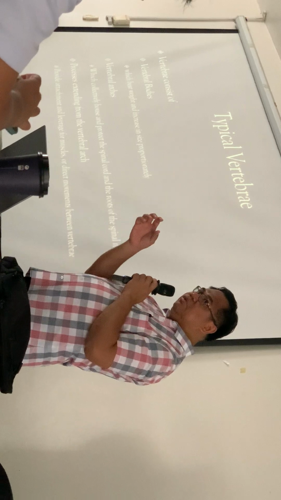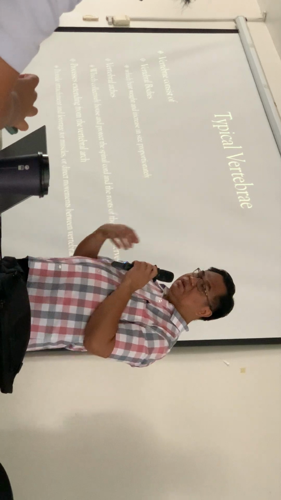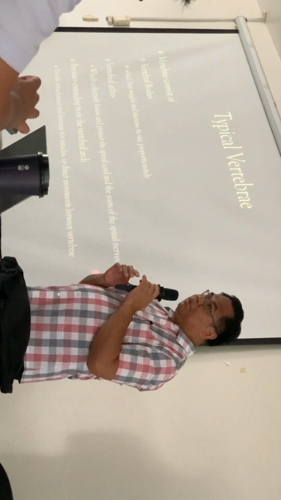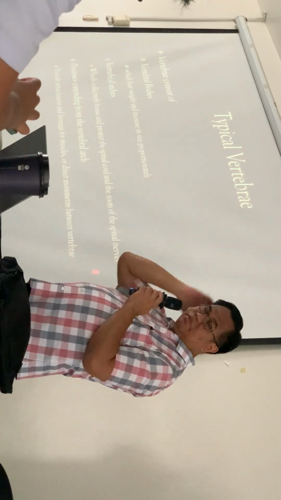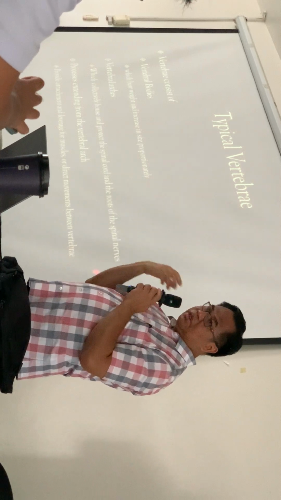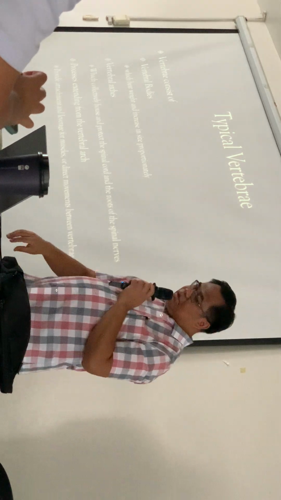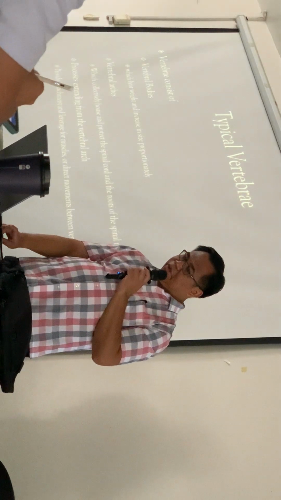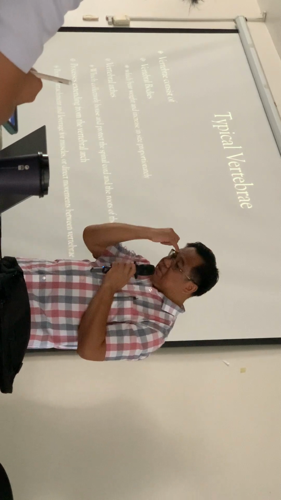As you go down to the thoracic and the lumbar, the vertebral bodies gradually increase in size because the cervical bodies only have to support the weight of the head, but for the thoracic and lumbar, the whole torso needs to be supported.